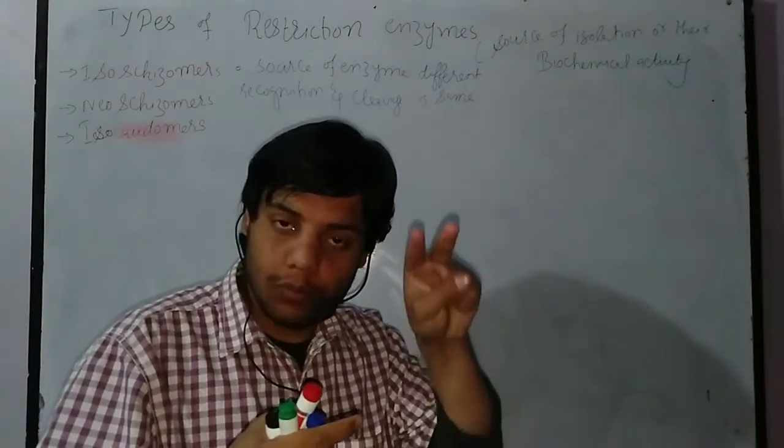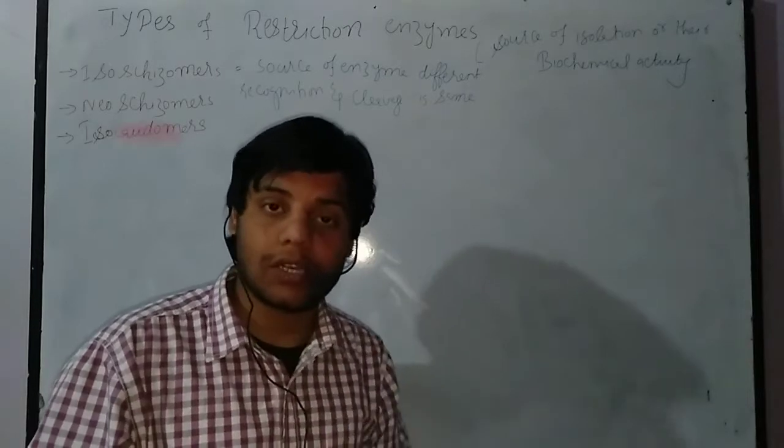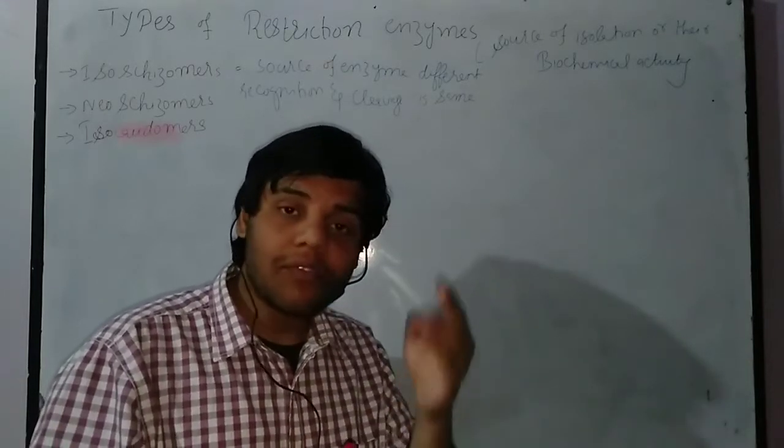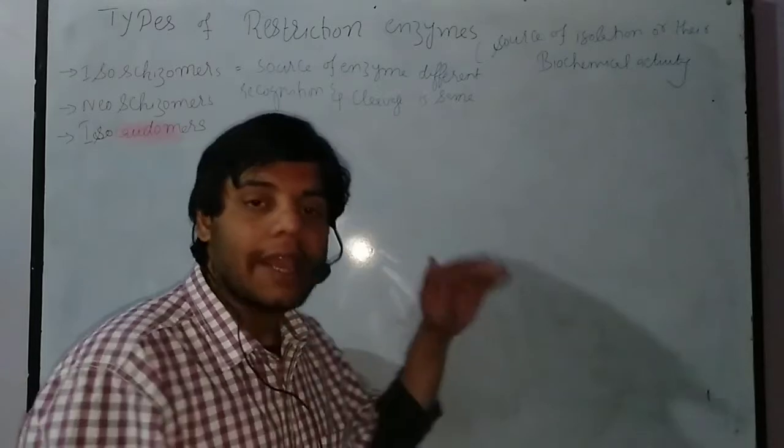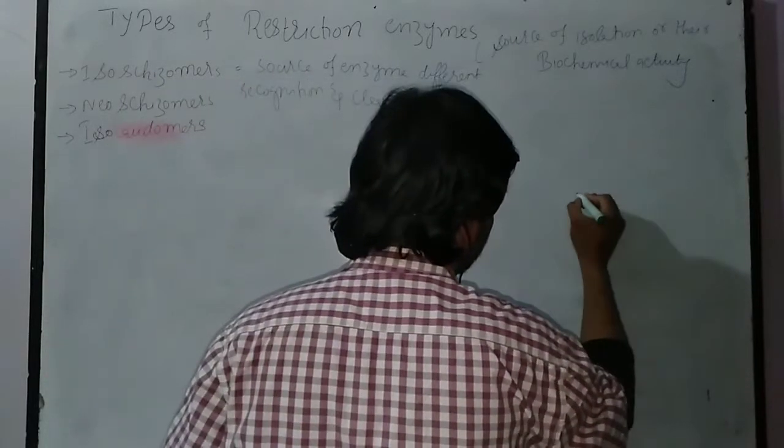Two different enzymes which you isolate from two bacterial sources, but they have the same restriction site as well as the same recognition site. For example, we have a DNA molecule, let's say in this case.